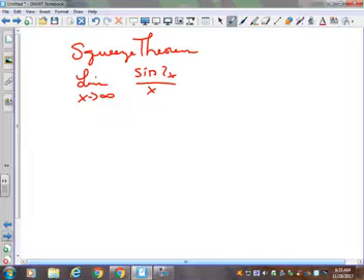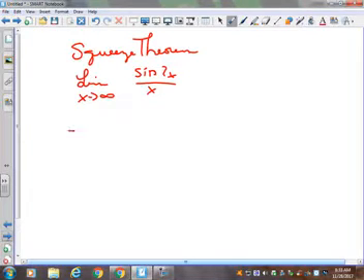So one way you can do it is from a graphic point of view called the squeeze theorem. And to do the squeeze theorem, you take out the more simplified part of the problem to make a simpler function and squeeze the original problem between the two.